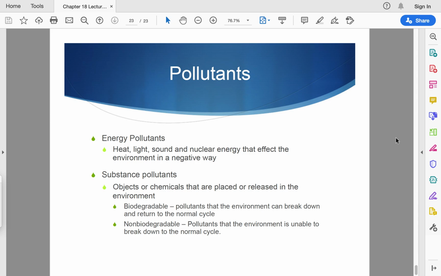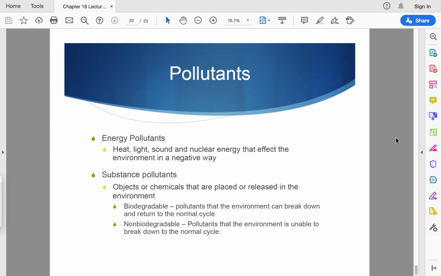However, non-biodegradable pollutants, these are those that the environment cannot break down into the normal cycle and therefore will just remain in the environment wherever it is. So things like styrofoam, plastics, certain plastics are not biodegradable. So if you leave them at the beach or at the lake, they will cause problems because the environment cannot break them down.